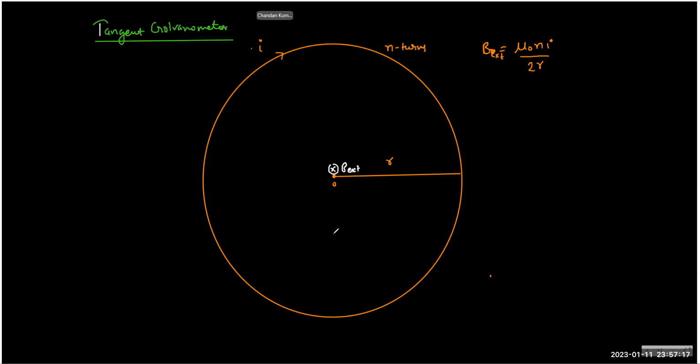Yes, guys. So this is the plane. It is perpendicular. And the earth's magnetic field at that location will have two components, isn't it? So which two components? It will have BV and BH at that location.